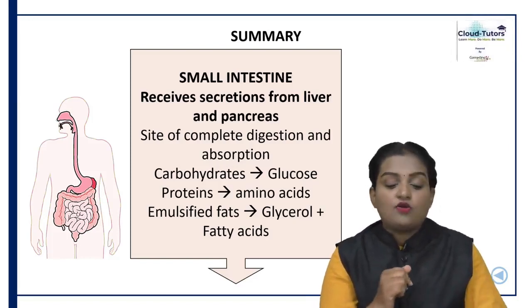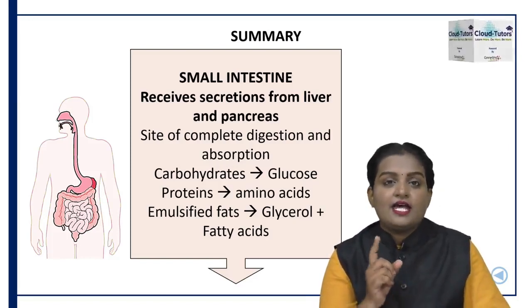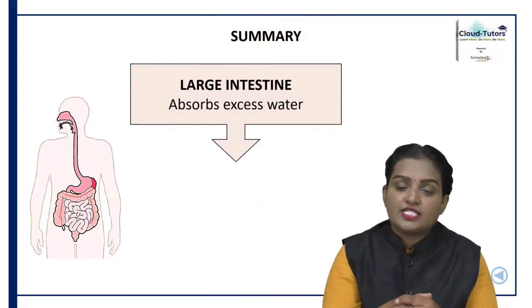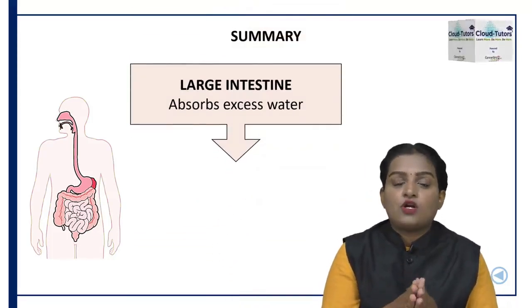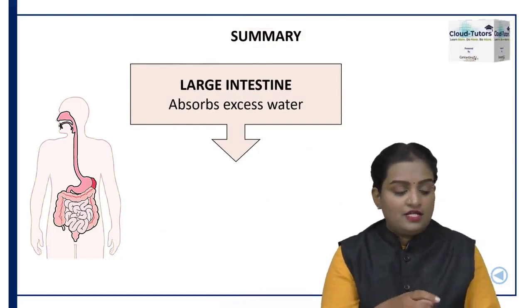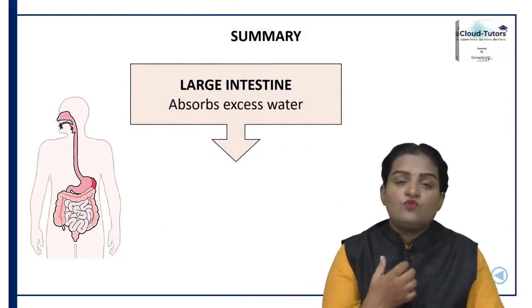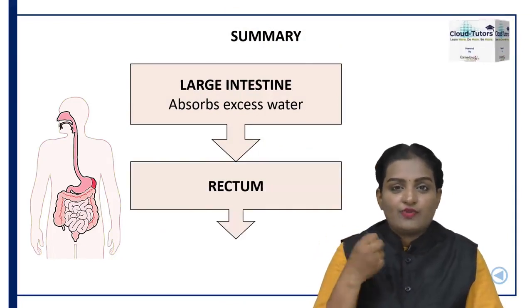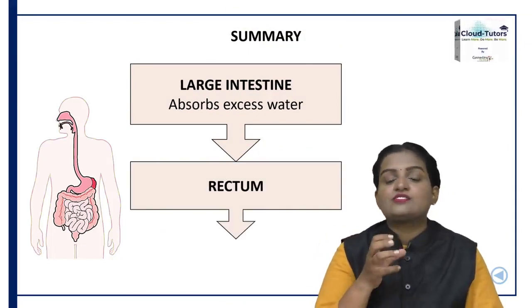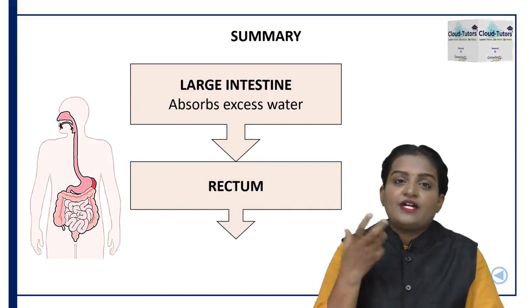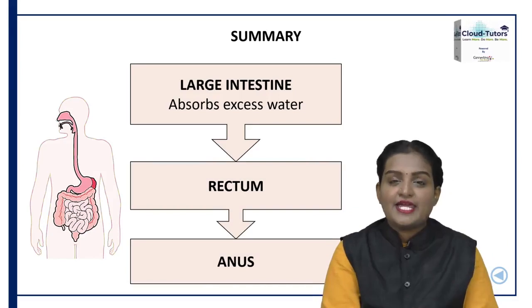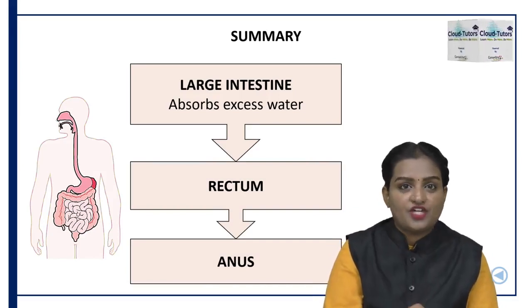Then absorption also occurs in the small intestine, and unabsorbed and undigested food goes to the large intestine, wherein water will be absorbed by the large intestine walls. Once absorption is complete, the undigested food is passed on to the rectum where it is stored temporarily, and finally it will be thrown out of the body through the anus, which is known as defecation.